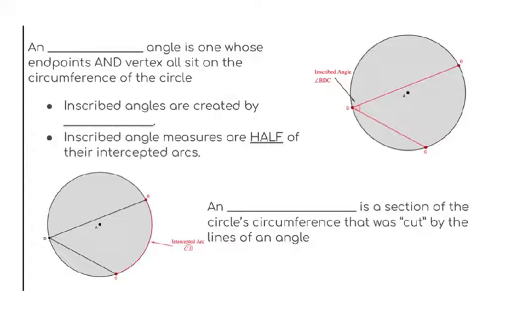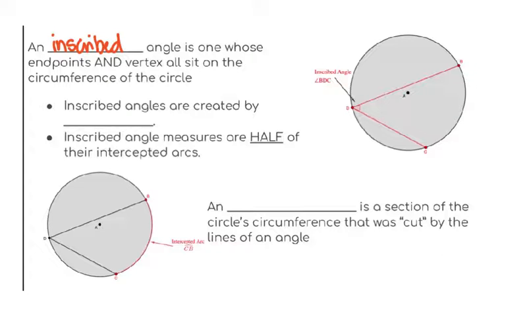So now let's talk about inscribed angles. An inscribed angle is also still going to be inside the circle, but the vertex is not necessarily going to be the center of the circle.